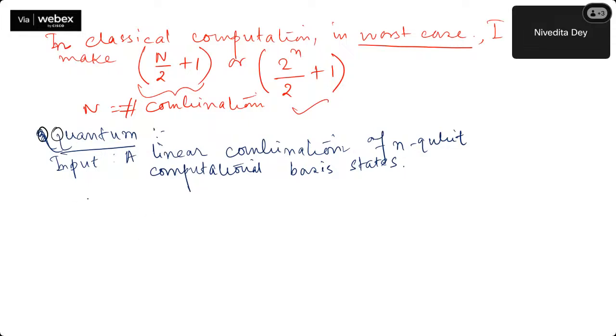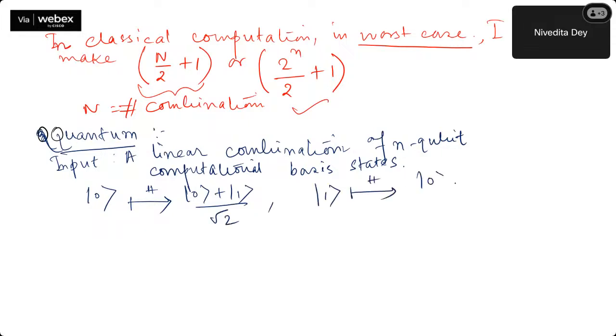Say for example, you also know a few things, that is 0 on Hadamard gives you (0 plus 1) by root 2. We will all be taking these values, and 1 on Hadamard gives you (0 minus 1) by root 2. Okay. So under this condition, from these two equations, 1 and 2, I just want to write a bit of a generic expression.